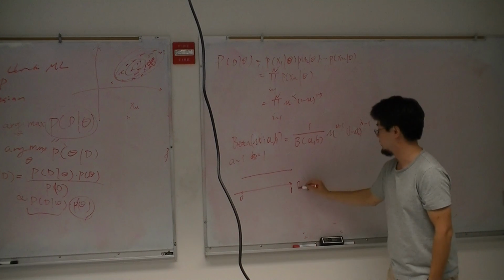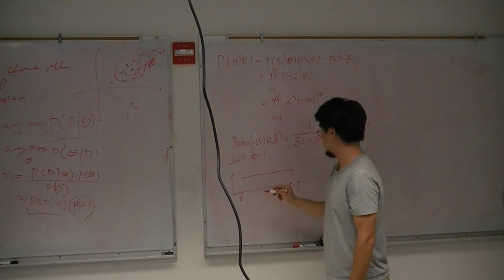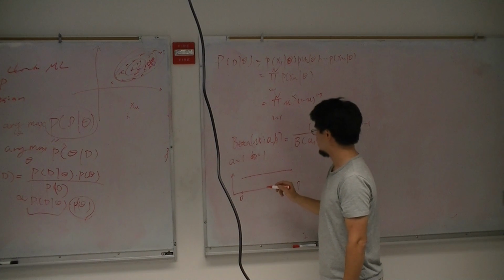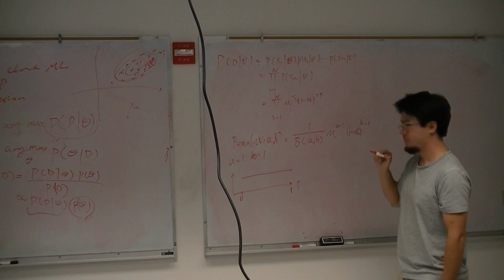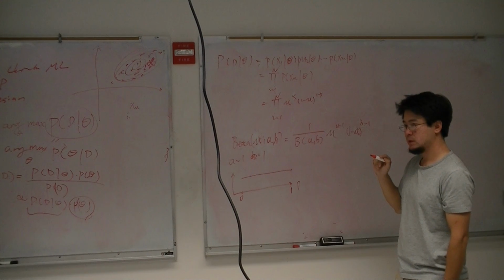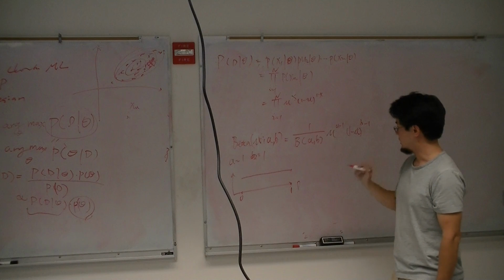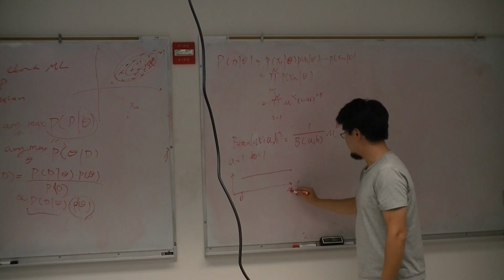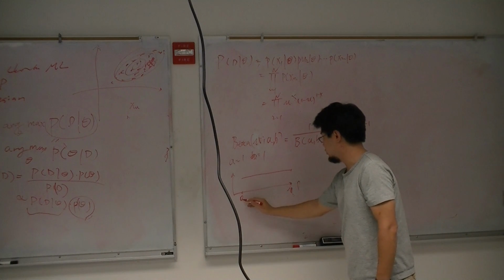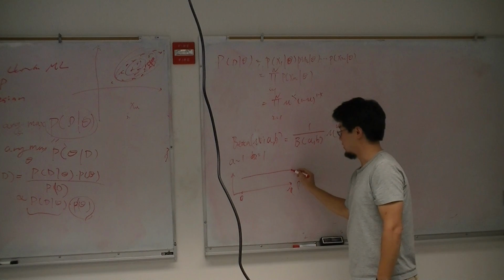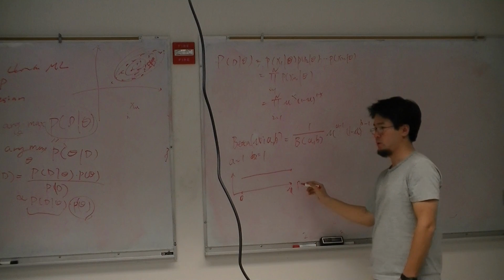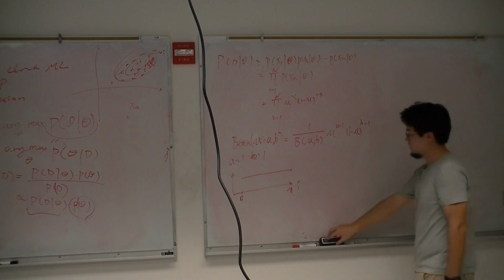This axis is the probability density and this one is mu. Mu is between 0 and 1, and this shows how likely it is to be at this value. So it's like a constant.